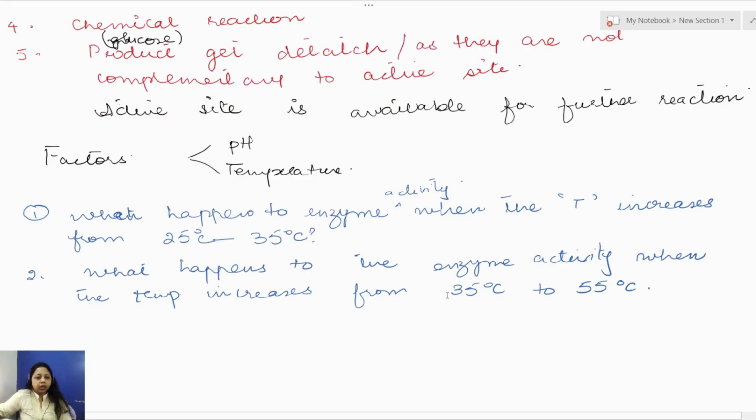Consider it like a 6 mark question. And how are we going to answer the first one?